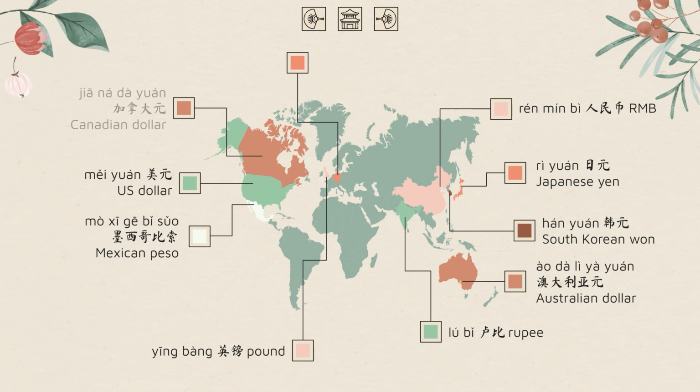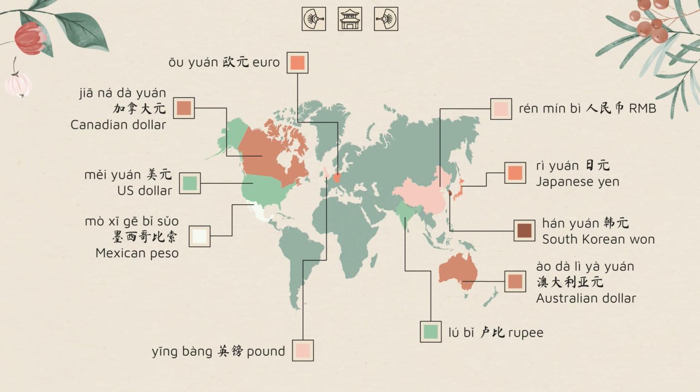The Canadian dollar is 加拿大元. So 加拿大 is Canada, and then you put a yuan at the end. Just like Australian dollars, you can shorten 加拿大元 to 加元. And then the last one is euro, which is useful in a lot of countries in Europe. 欧元, because O stands for 欧洲, which means Europe.